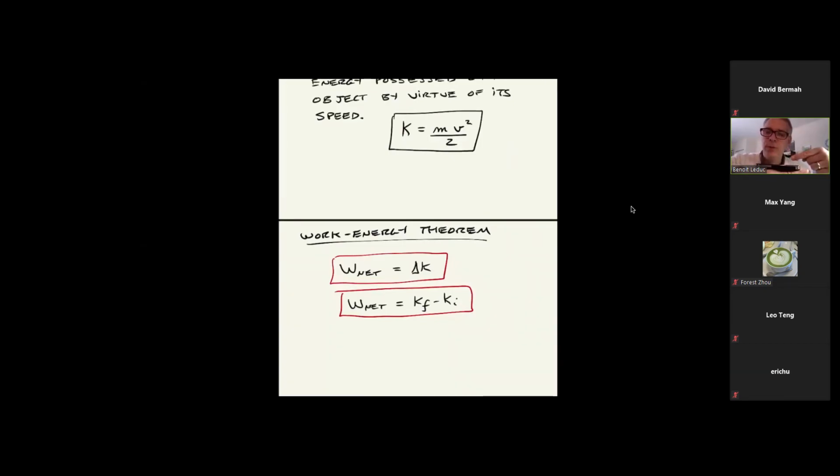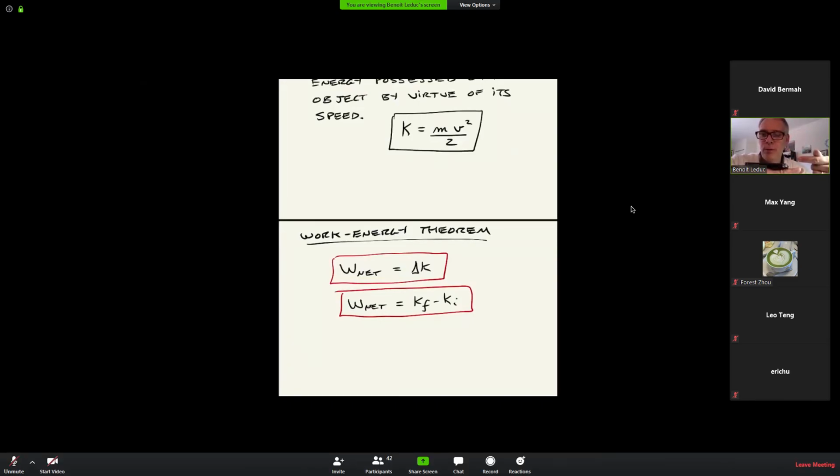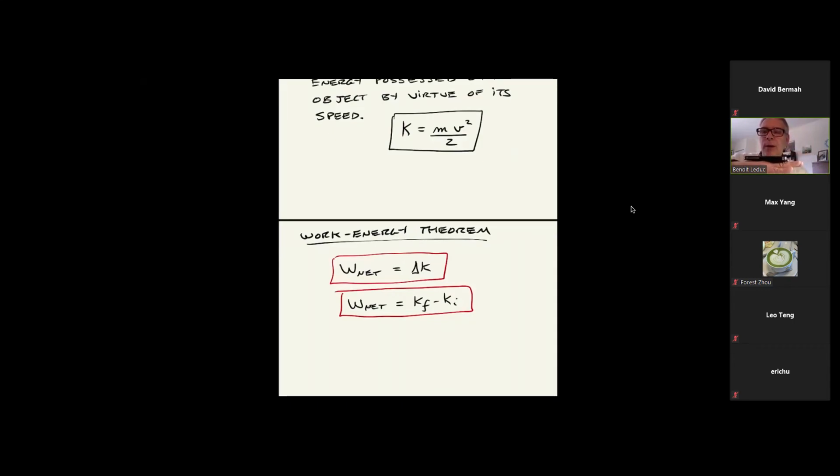The force is in the same direction as the displacement. There's no friction, and the normal force from my hand and gravity don't do any work. So the net work is the work done by my hand pushing this, and it's going to be positive. And if it starts from rest, you can see that it's going to pick up speed. This is exactly what it says right here.